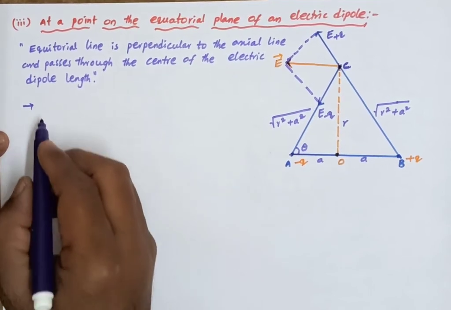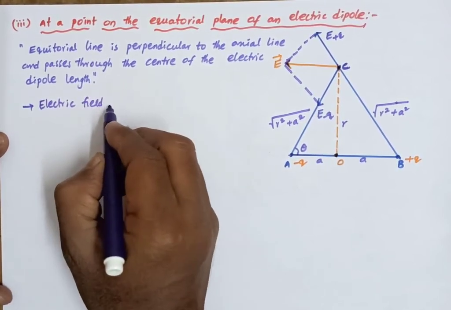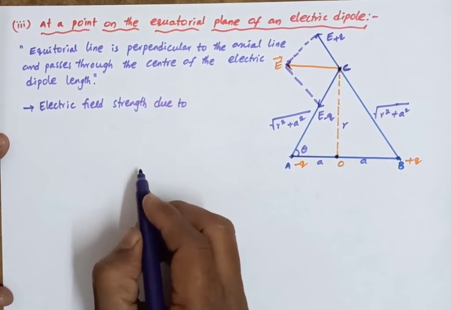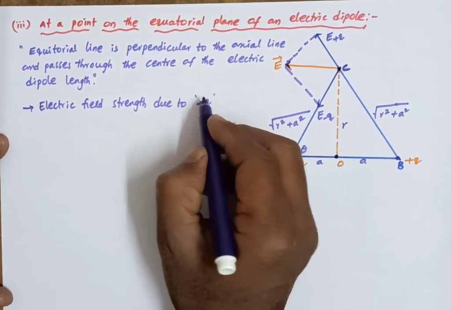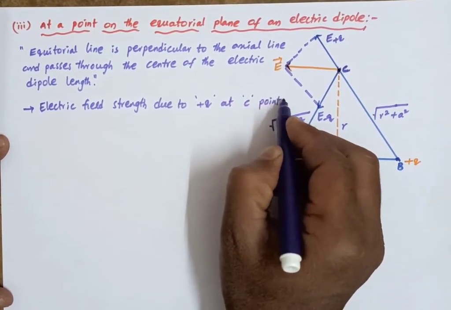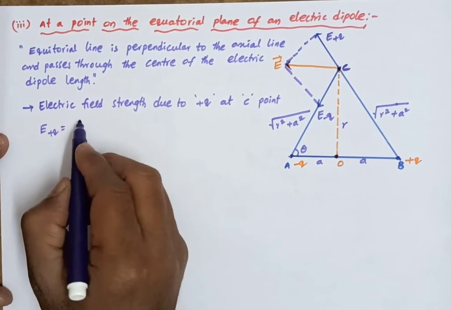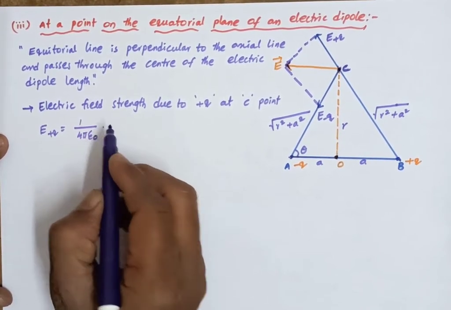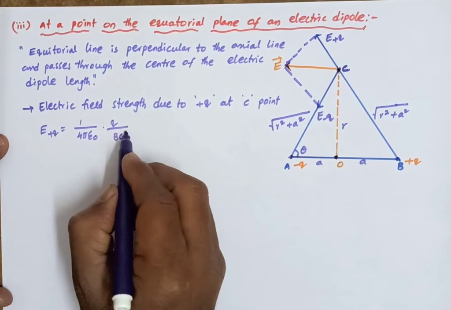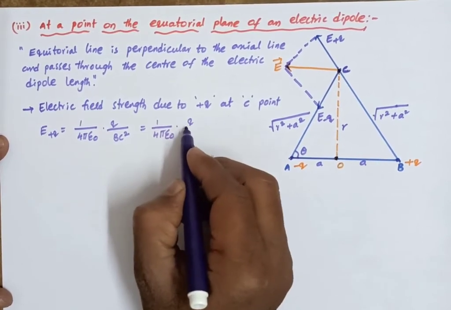First of all, the electric field strength due to the positive charge at point C. E plus q equals 1 by 4 pi epsilon naught into q by BC square.